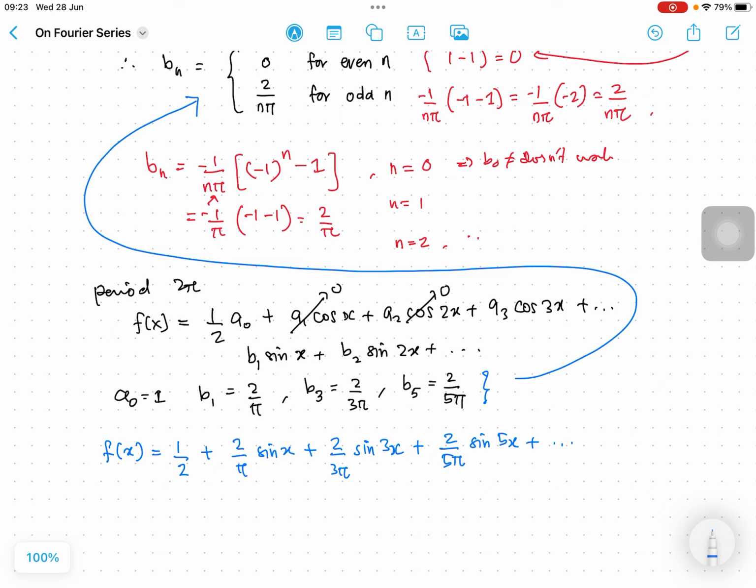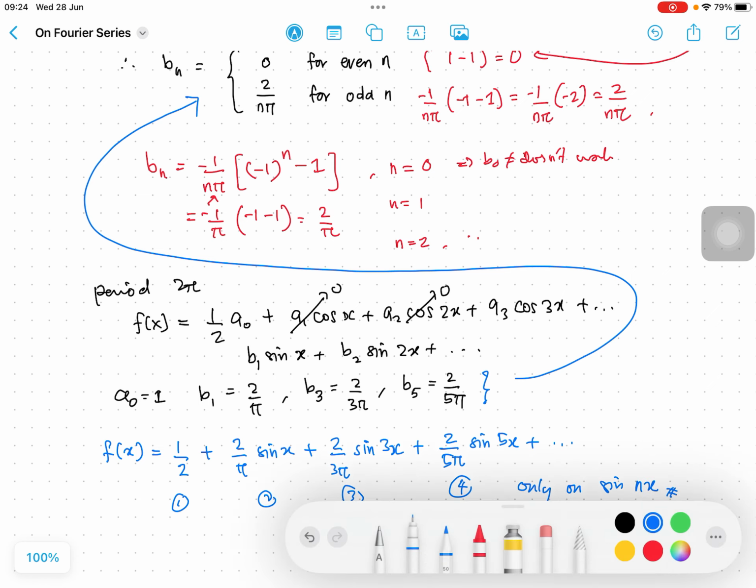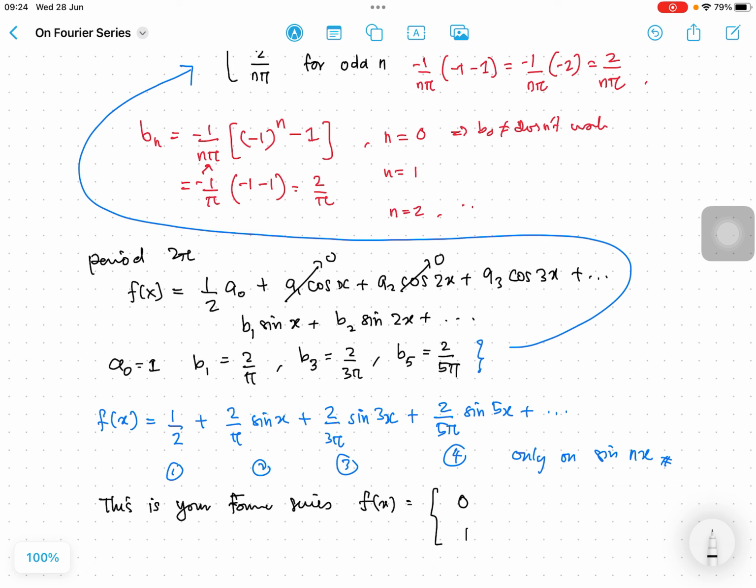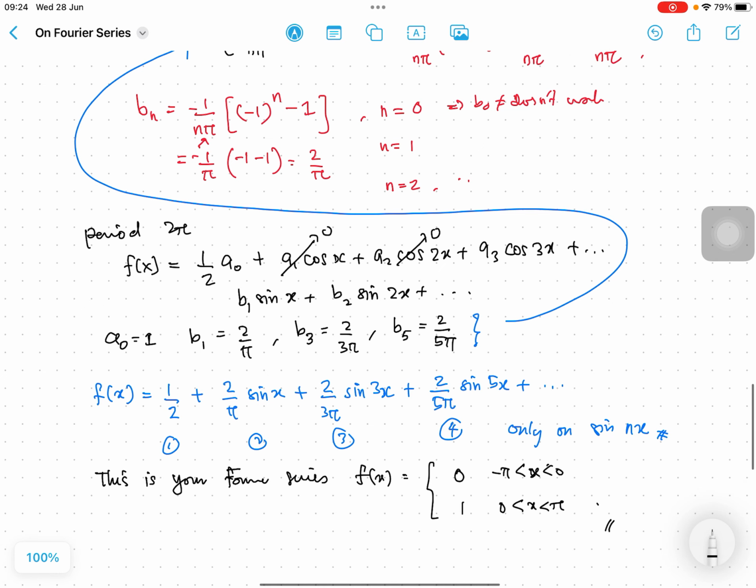So you have first term, second term, and so on, only on sine nx. So this will be your Fourier series of this function. Okay, thank you.